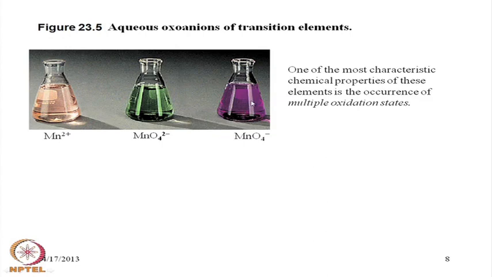This particular color change is basically due to the formation of the permanganate anion. It is in +2 oxidation state, then +6 oxidation state, and then +7 oxidation state. As we change the oxidation states, we also change the energy required for the absorption of radiation, so that we see the solution color in its complementary form.